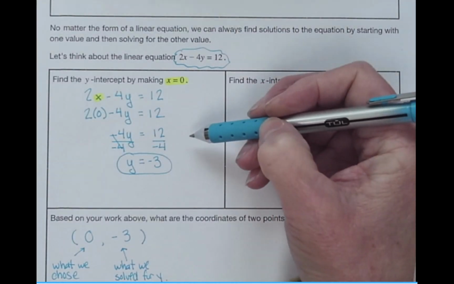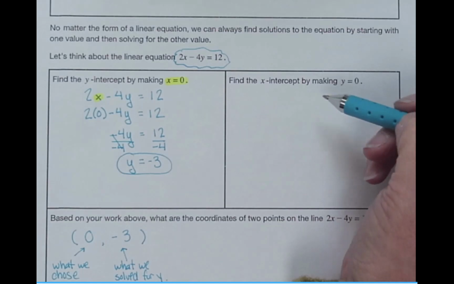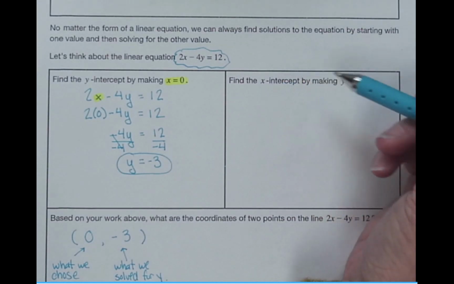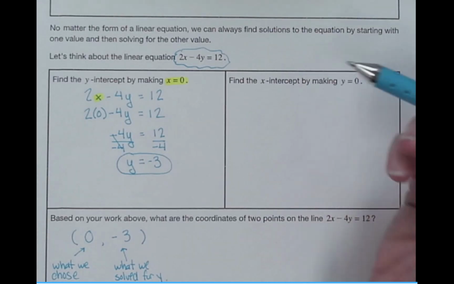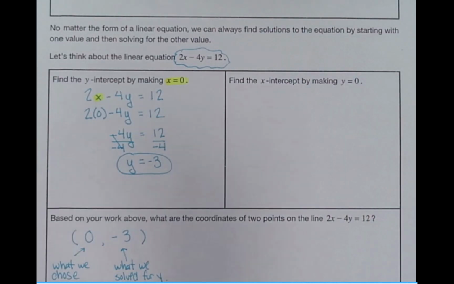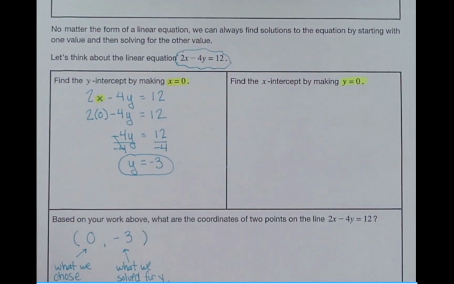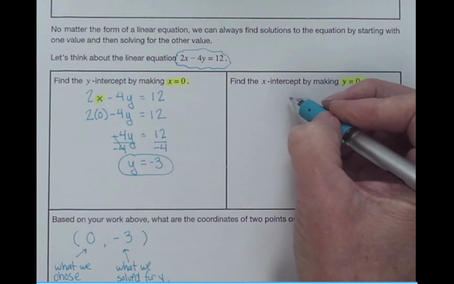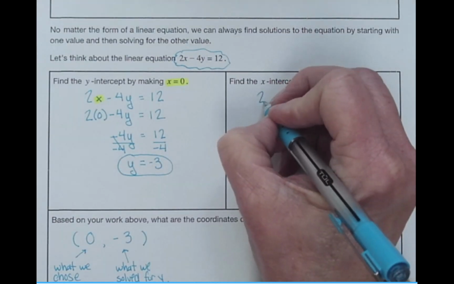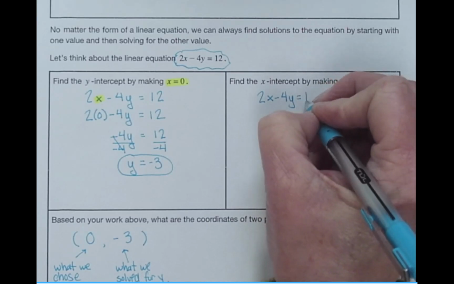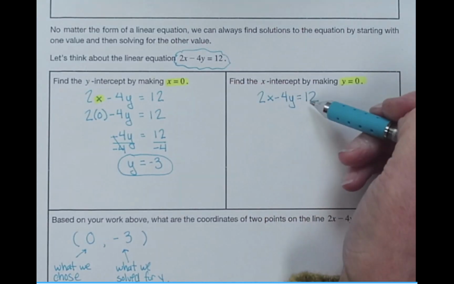All right, let's do it again. This time we're going to find the x-intercept. I'll show you the graph in just a moment, and I think the x and y-intercepts are going to make a little more sense. We're going to find the x-intercept of the graph of this equation by substituting in y equals 0. Like we've been doing, let's rewrite the original equation first, that equation from up here.